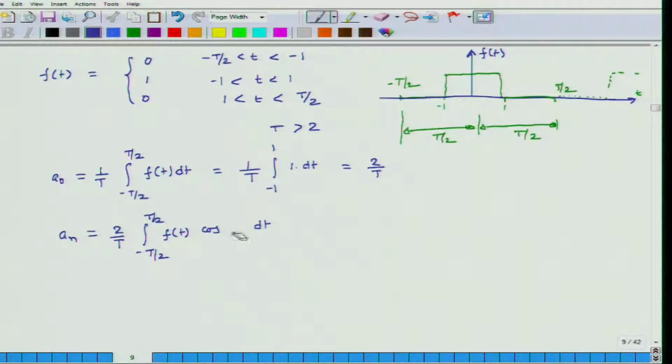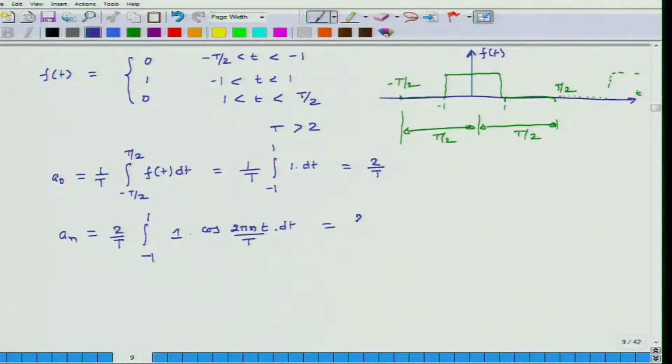I'm sorry, this should be 2 pi n t over T. As I explained earlier, because the value is 0 at other positions, all I have to do is integrate only in the limits of minus 1 to plus 1, and the value of f(t) in these limits is 1.